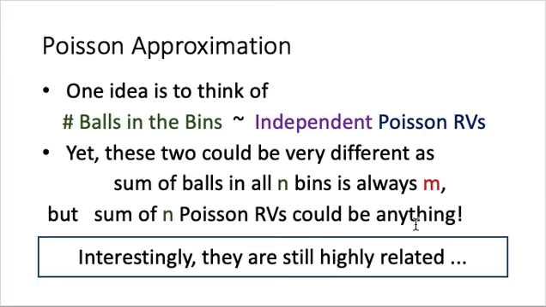It could even be 0. So we have two different scenarios. One is the actual case that is happening, where we are throwing exactly m balls. The other case is we treat each of the bins as an independent random variable. These two are very different, but somehow, interestingly, they are highly related.